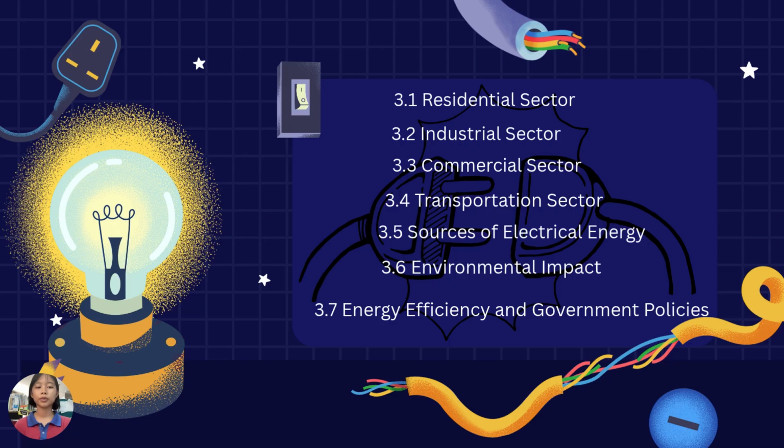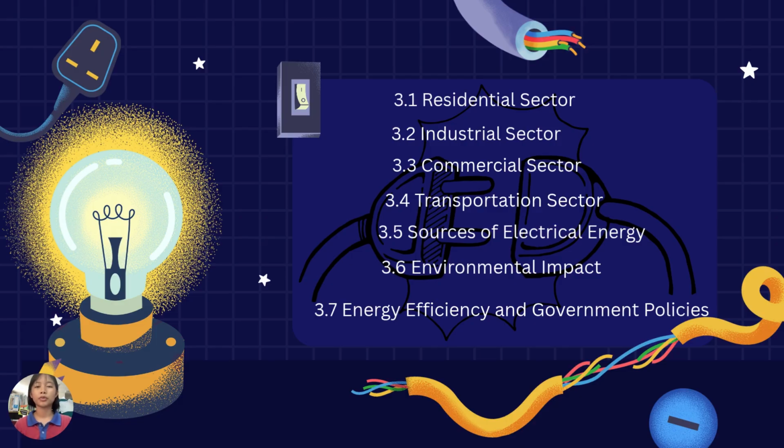The third point, 3.3, commercial sector. Commercial buildings, including offices, shopping malls, and hotels, consume large amounts of energy for lighting, elevators, HVAC systems, and IT equipment. The fourth point is 3.4, transportation sector. While the transportation sector has traditionally relied on fossil fuels, there is a growing shift toward electric vehicles (EVs) and public transport systems powered by electricity.